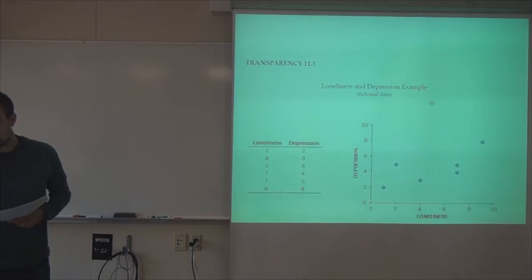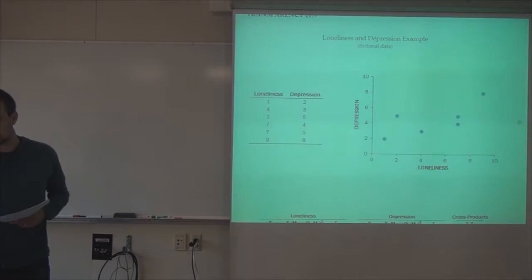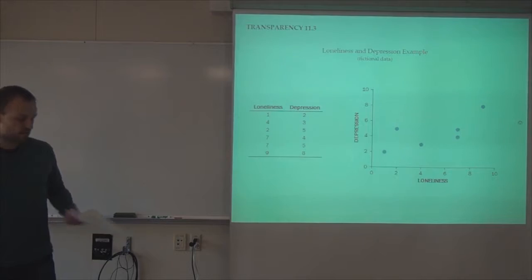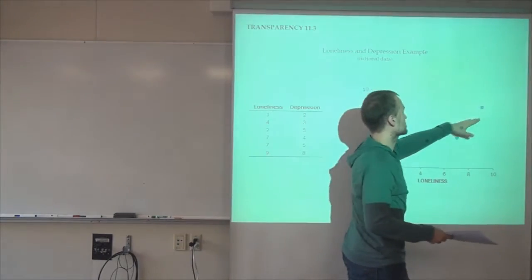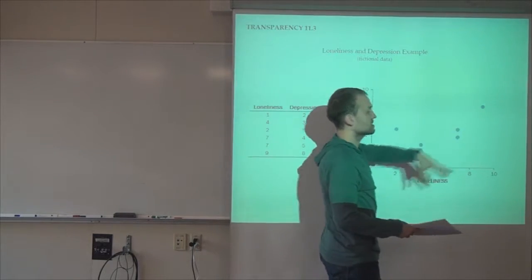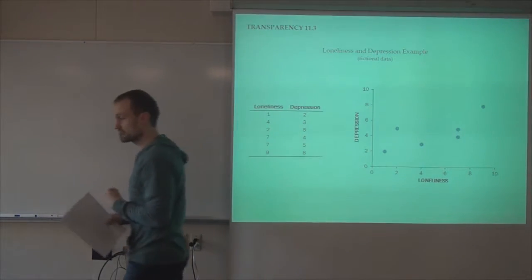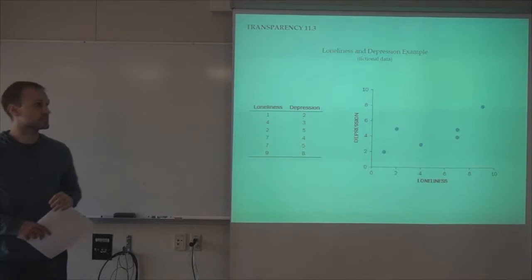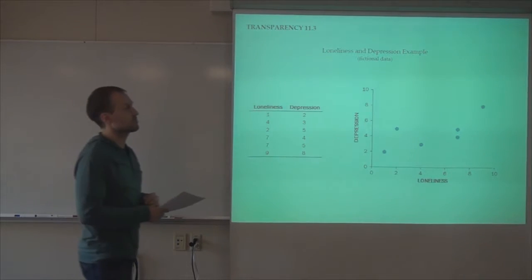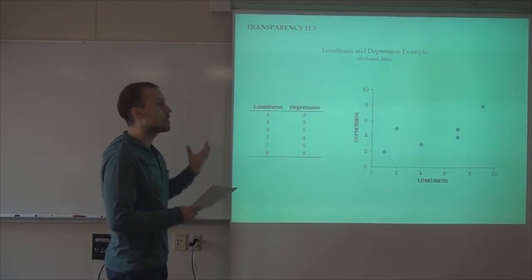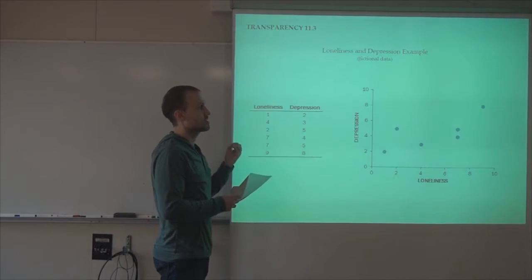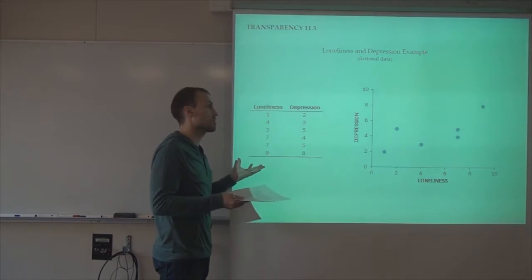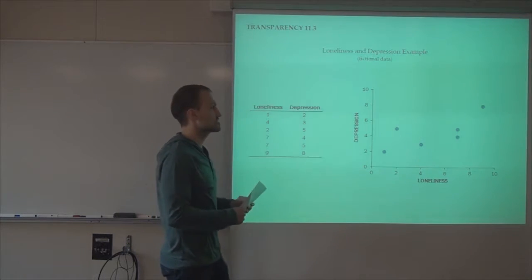So let me just go back here, loneliness versus depression. I could say that, sure, I could see visually, maybe they suggest a line like that, and if I had more samples, maybe I would have more confidence in saying that. But that's only going to get me so far. I want a numerical measure to say there is a strong correlation, or a weak correlation, or no correlation, and which direction is the correlation?